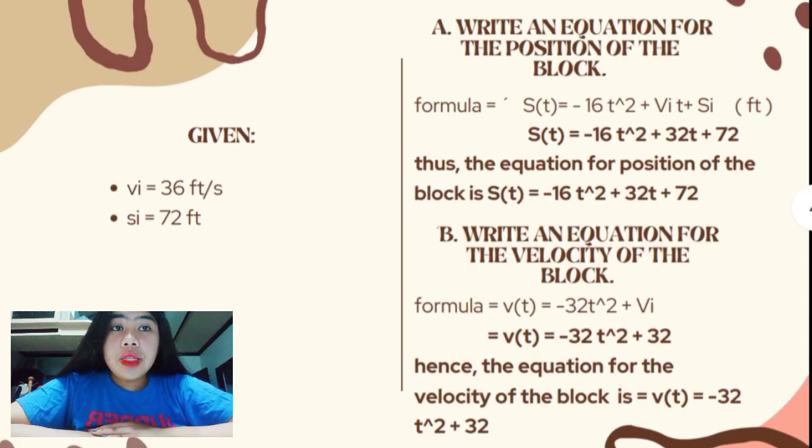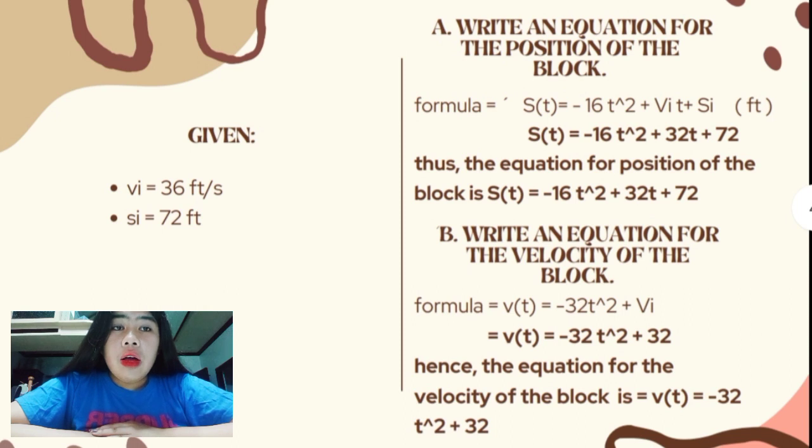In letter A and B, write an equation for the position of the block and write an equation for the velocity of the block. The given are initial velocity is equal to 32 feet per second, while initial position is equal to 72 feet. In letter A, if the given is in feet, the formula is position is equal to negative 16t squared plus initial velocity t plus initial position.